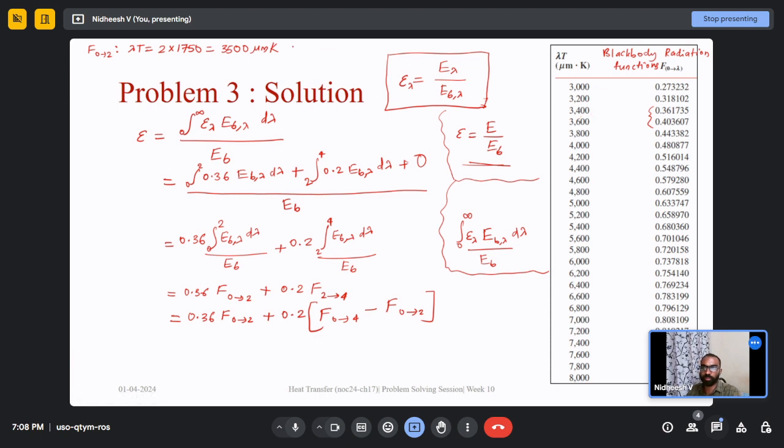So if we take the average of these two values, we will get 0.361735 plus 0.403607 by 2.